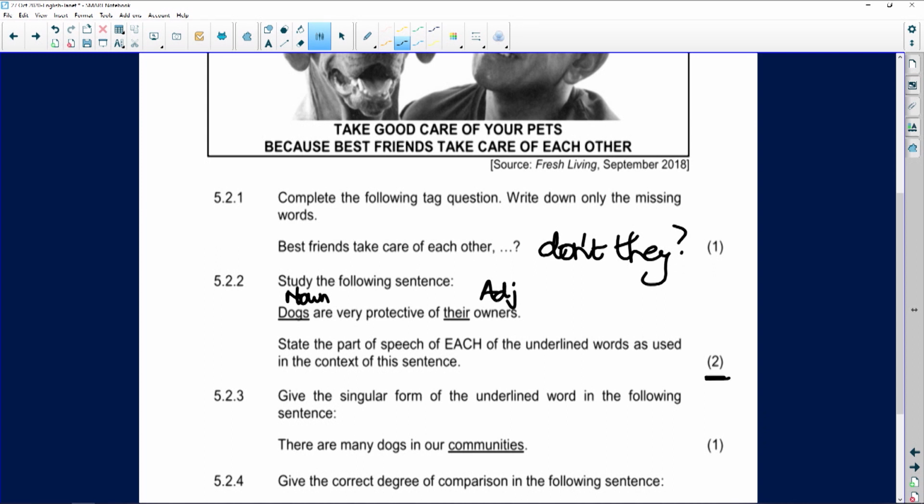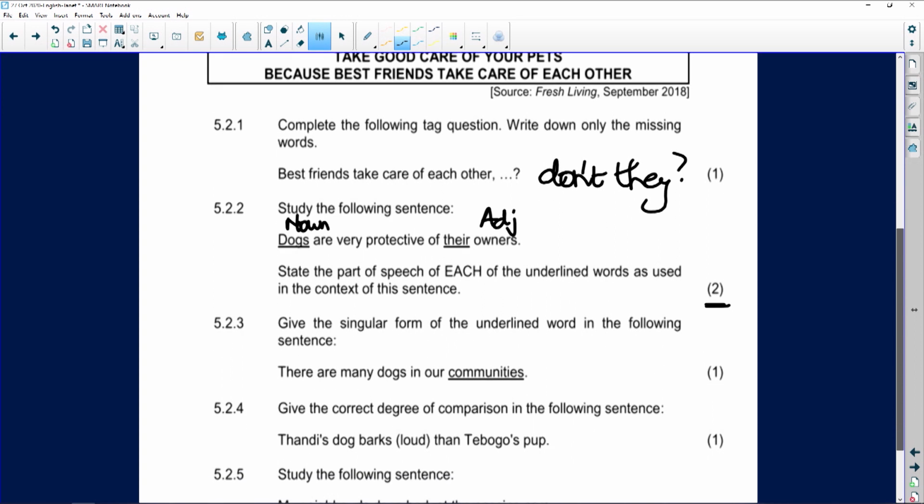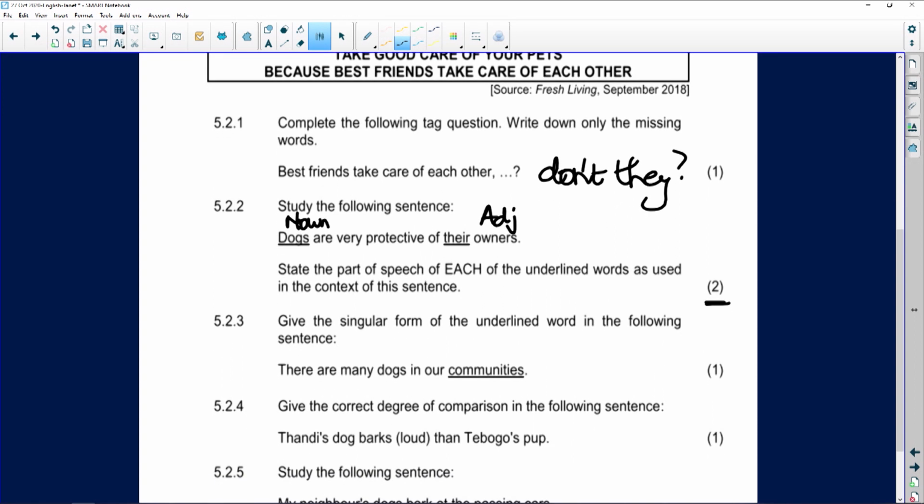Looking at those two marks, I would suggest just noun and adjective because they can't give you half marks. Right, write down the singular form. Community. You need to know that community, the Y goes to an IE and then you add the S.